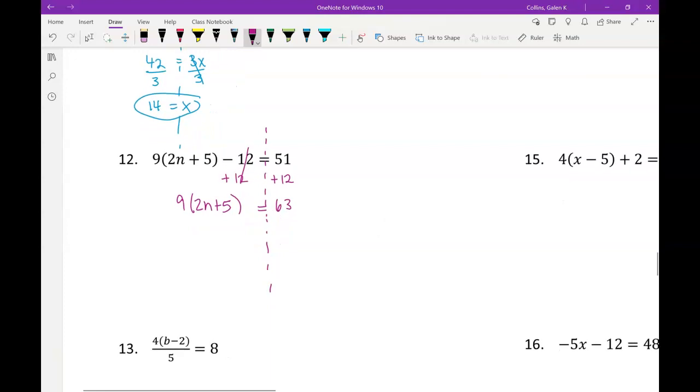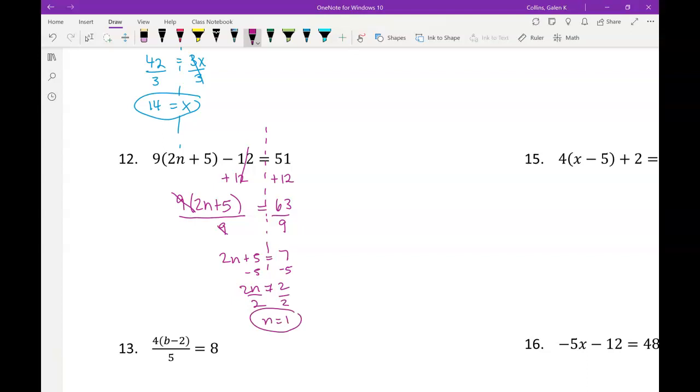All right, so again, you could distribute the 9, or I'm trying to do this in a way I think you guys won't. You could just divide both sides by 9. So we get 2n plus 5 equals 7. And then from there, it's pretty straightforward. We could subtract 5 on both sides. 2n equals 2, divide by 2, n equals 1.